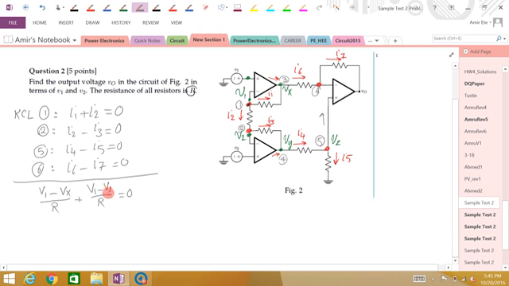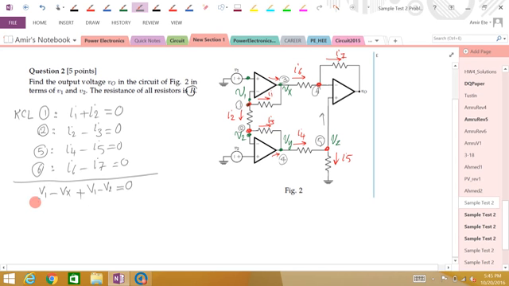And I noticed that for all these currents I will have to divide the voltage difference by R, and eventually I can multiply all equations by R and get rid of all R. So let's not write that R to begin with. So I know there is a division by R, but because they all have that, I can cancel all of them.